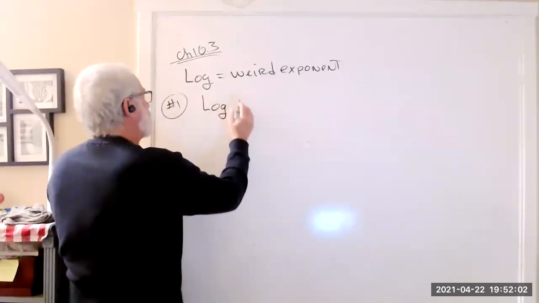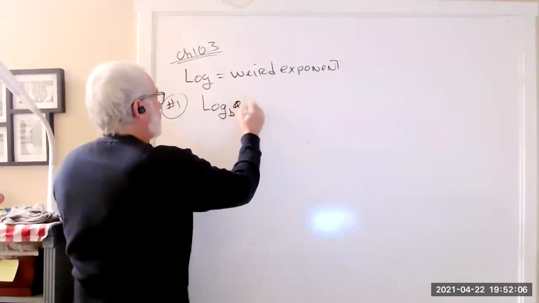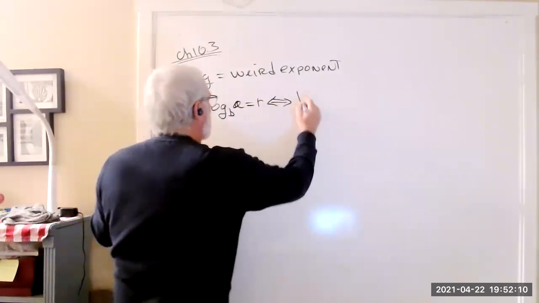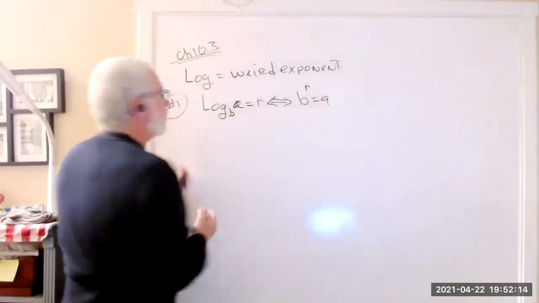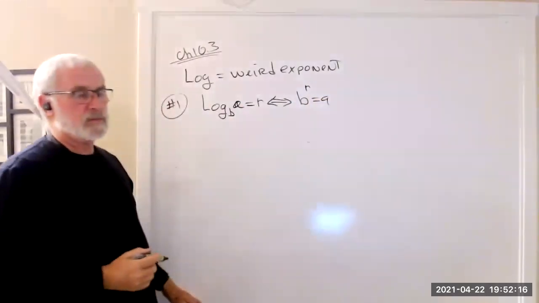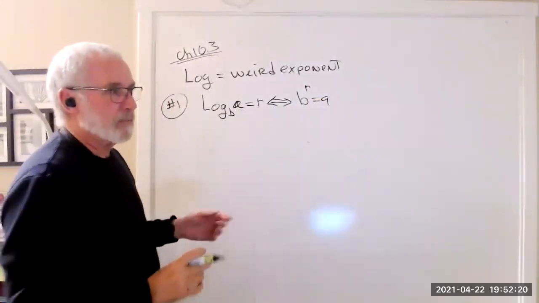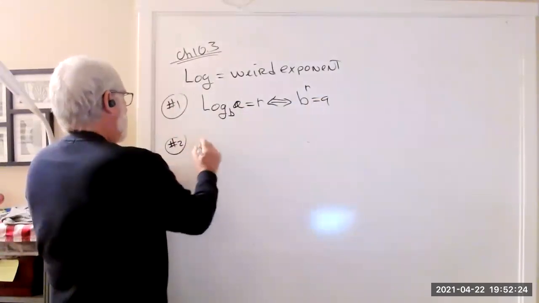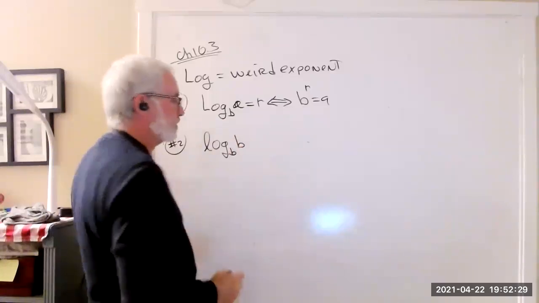Log base b of a equals r is equivalent to b to the r equals a. That's the number one rule. You've got to know it in your sleep, and you've got to know how to apply it. Now, next rule. Log base b of b.